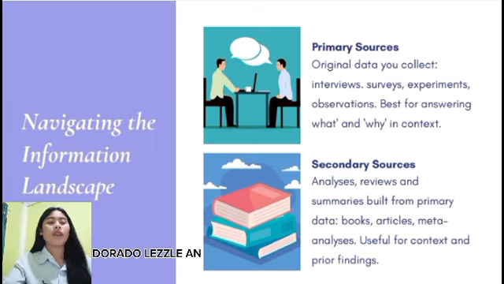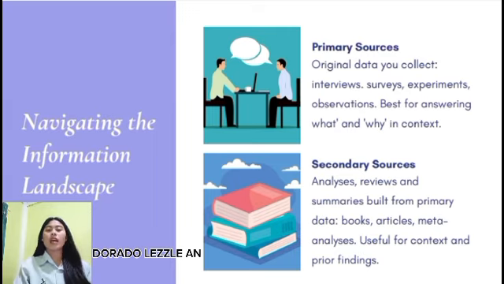So secondary sources: analyses, reviews, and summaries built from primary data, books, articles, meta-analysis, used for context and prior findings. So secondary sources are the interpretations or summaries of primary data created by other people. They analyze, review, or explain original information.